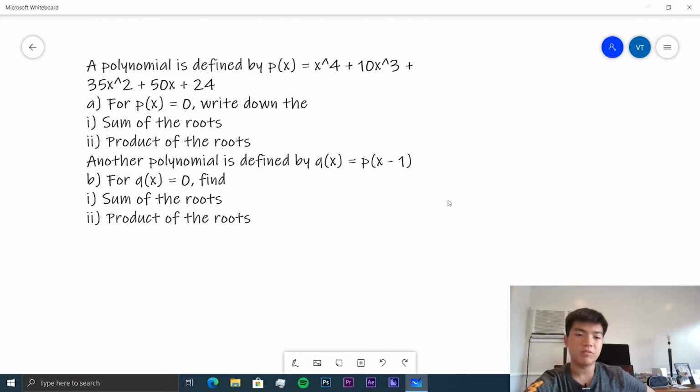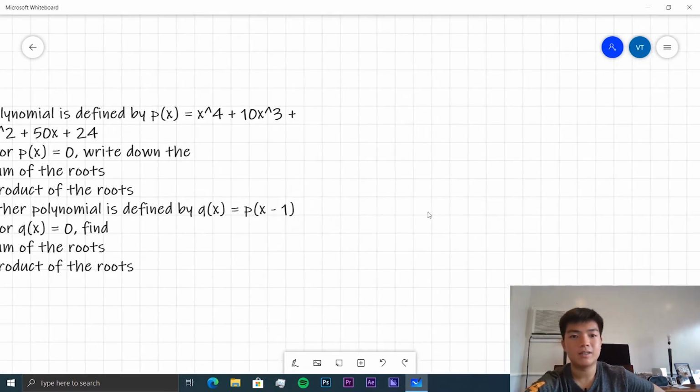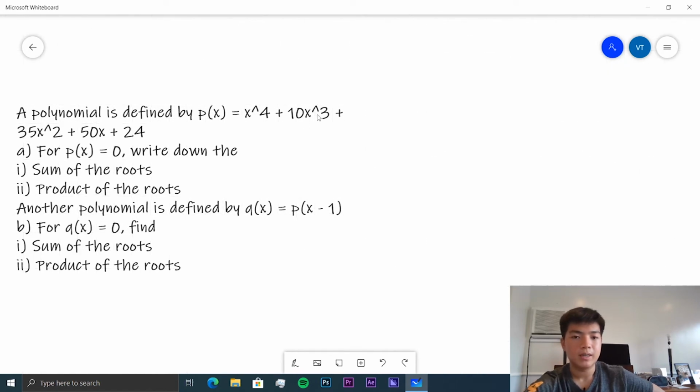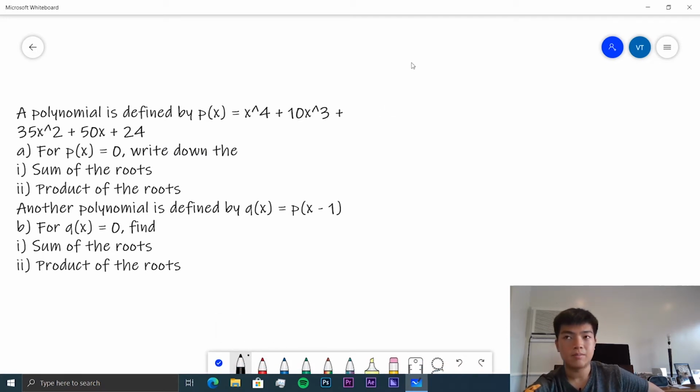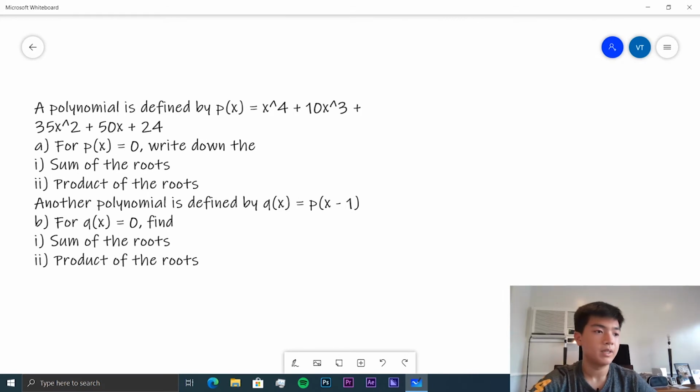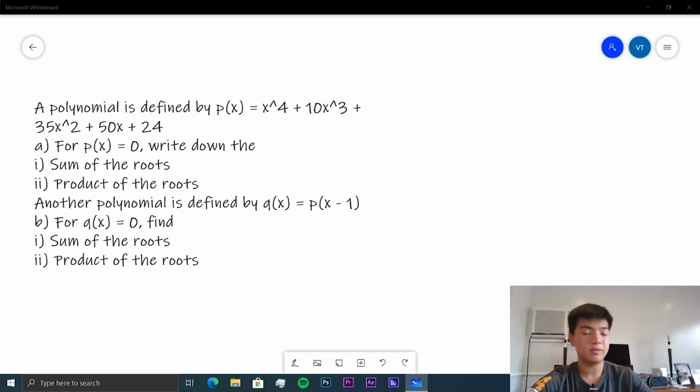Okay, so remember that we have the alternating form over here. So this number here, 24, will be equal to the product of the roots, because if we remember, the last term should be equal to the product of the roots, and then this second term divided by the first term should be equal to the sum of the roots.